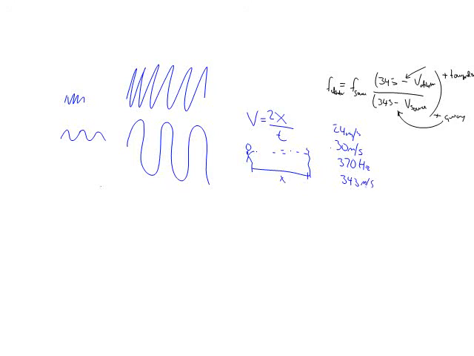What's this 24 meters per second? What is it? The top V. It is the velocity of the detector. Very good. Or if you want, the velocity of you, the detector.